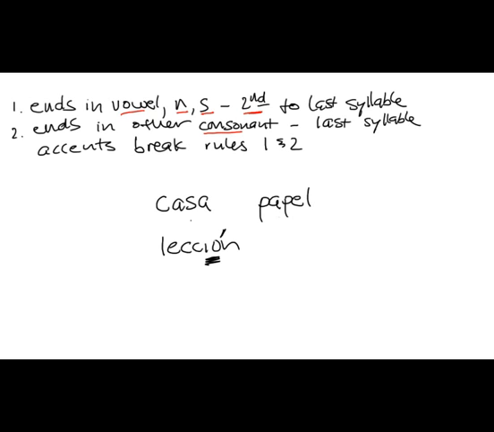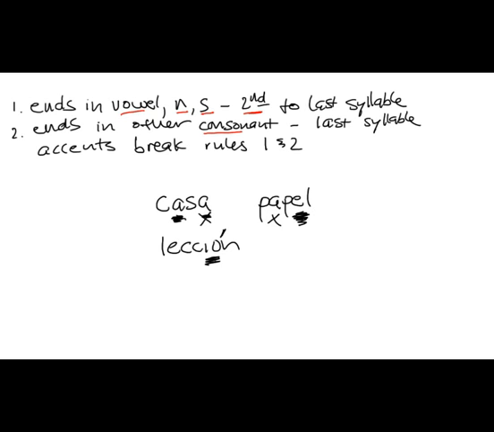Okay, we looked at our examples. Casa, stress is here. Casa, it's not casa, it's casa. And that fit rule number one, therefore no written accent. Papel, stresses here, not papel. Papel, stresses on the last syllable. That fits rule number two, no written accent.